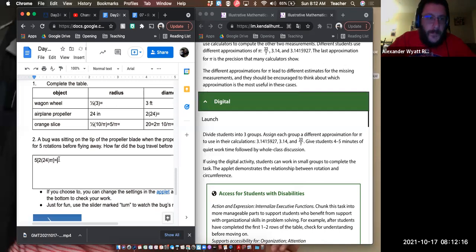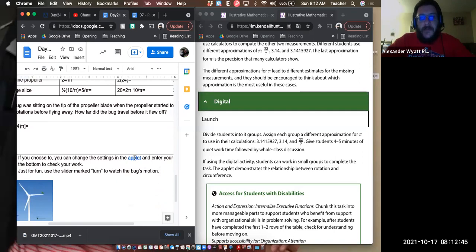And again, 5 times 2 is 10, times 24 is 240, 240 pi. Pi is about 3, so you're looking at 3 times 240, something higher than 700, less than 750, give or take. Maybe close to 750. I don't know.